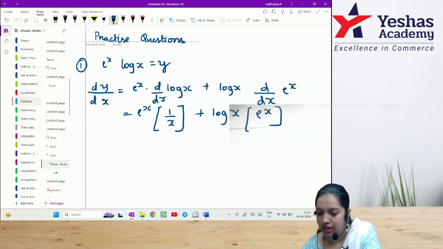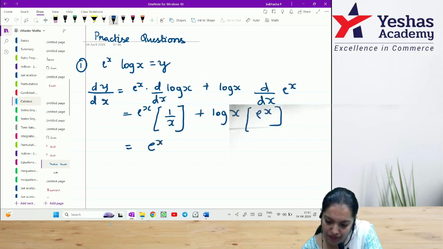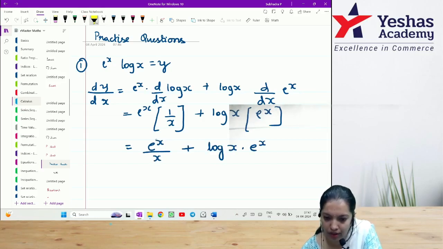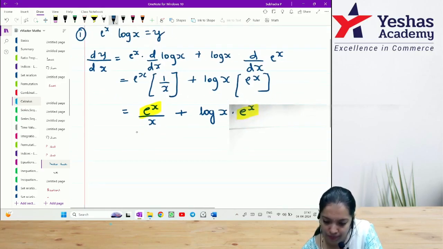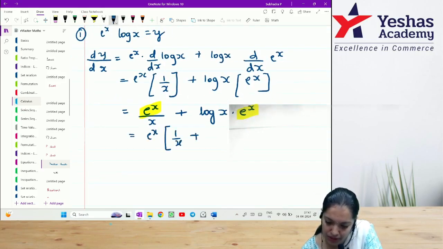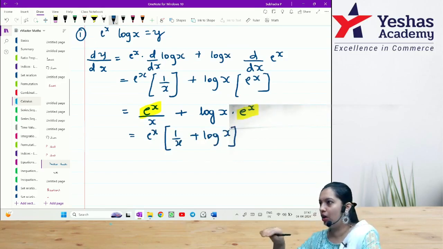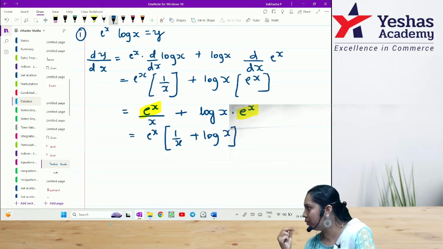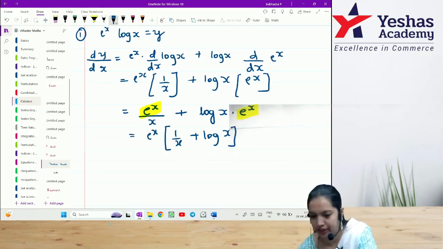In the next step, it will be e power x divided by x plus log x into e power x. What is common in both? e power x and e power x. Take that outside. Your final answer is e power x of 1 by x plus log x. You can stop here, or go one step further where you take the LCM.